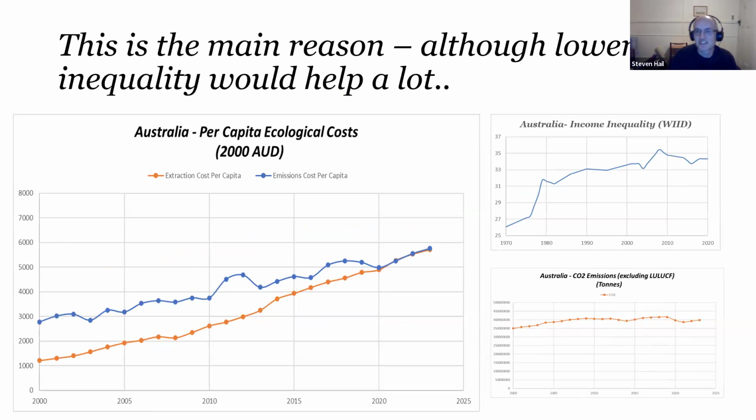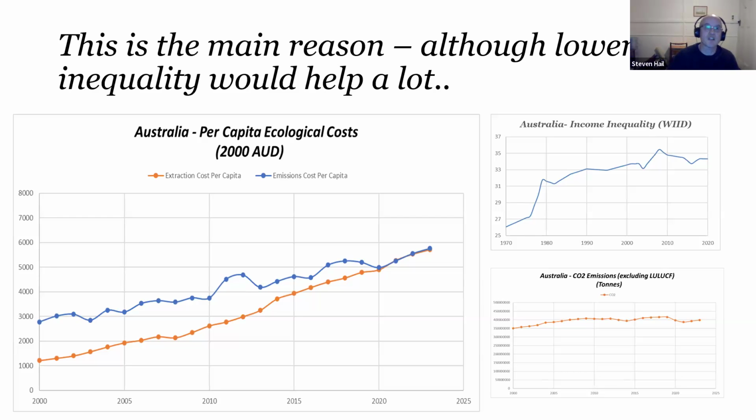We are promised that Australia's gross carbon dioxide emissions will fall quickly in the next few years as we approach 2030, but it hasn't happened yet. Australia has had essentially no reduction in its carbon dioxide emissions over the last 20 or 25 years.